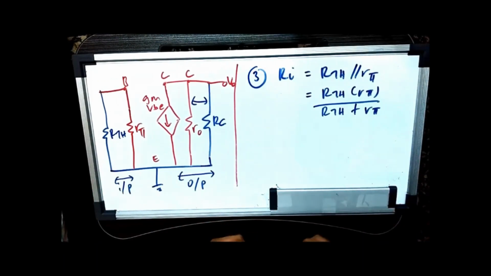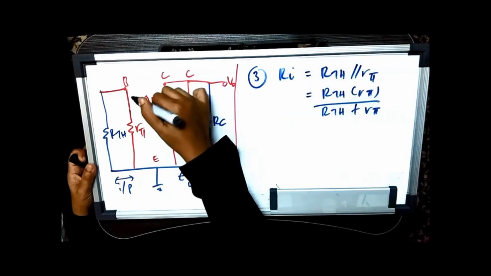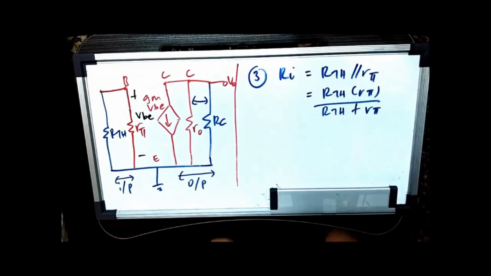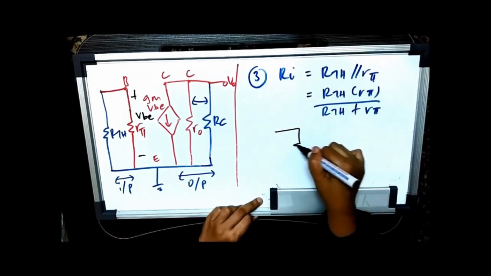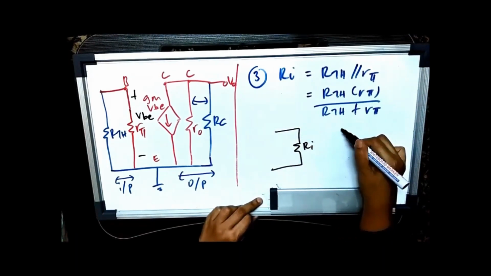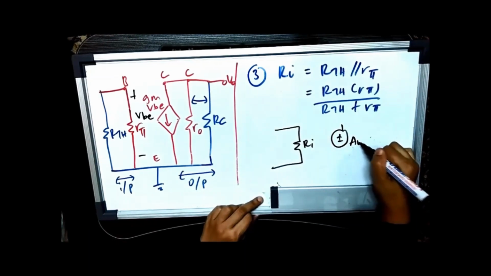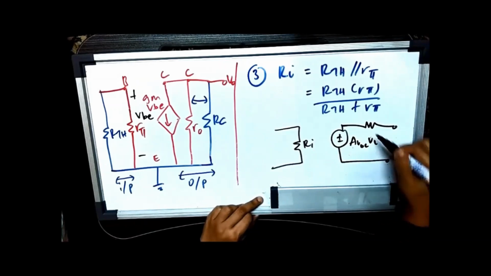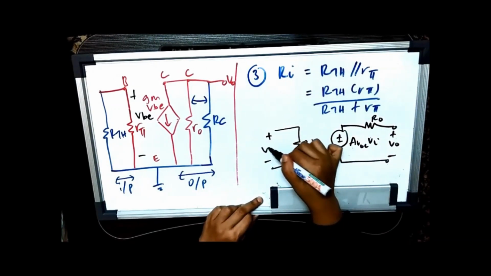Next is the representation of VBE with Vi. This is your VBE. Your voltage amplifier from chapter 1 is like this. This is your Ri, this is Avoc·Vi, and this is my Ro. This is your Vout and this is your Vi.